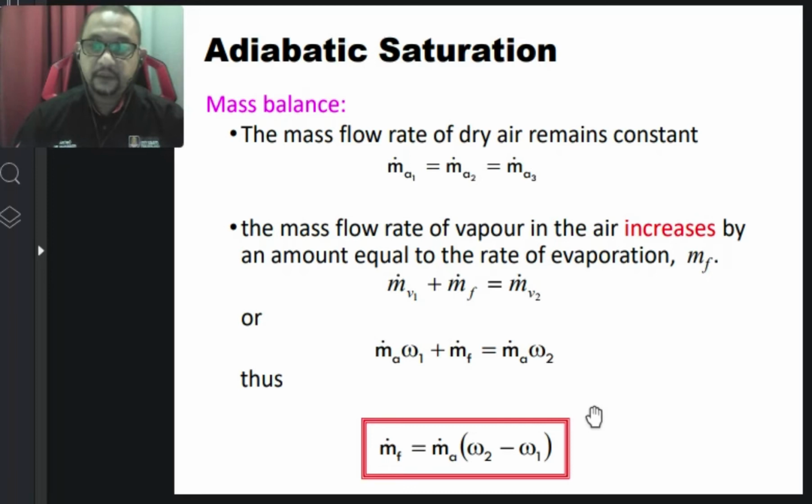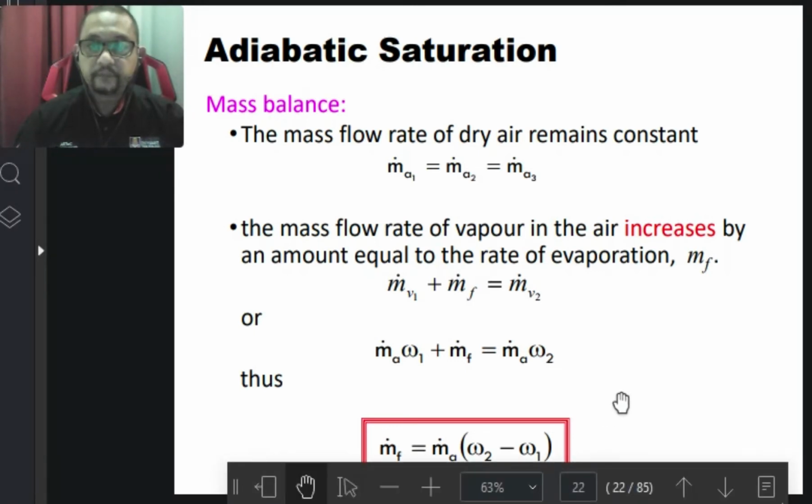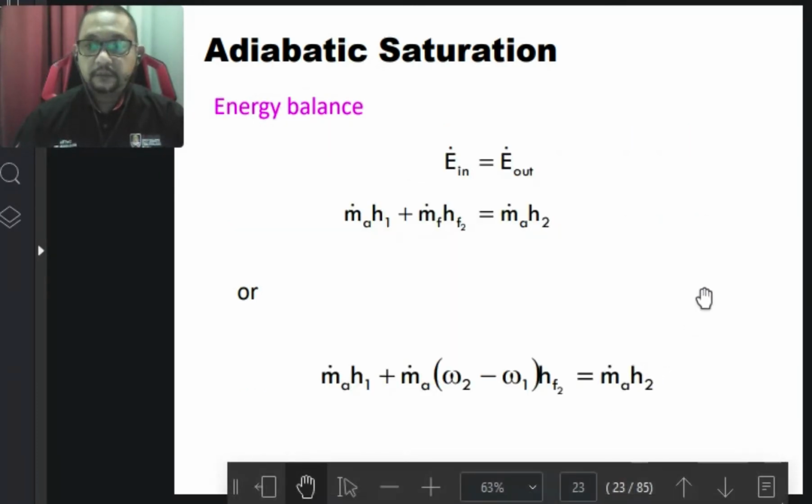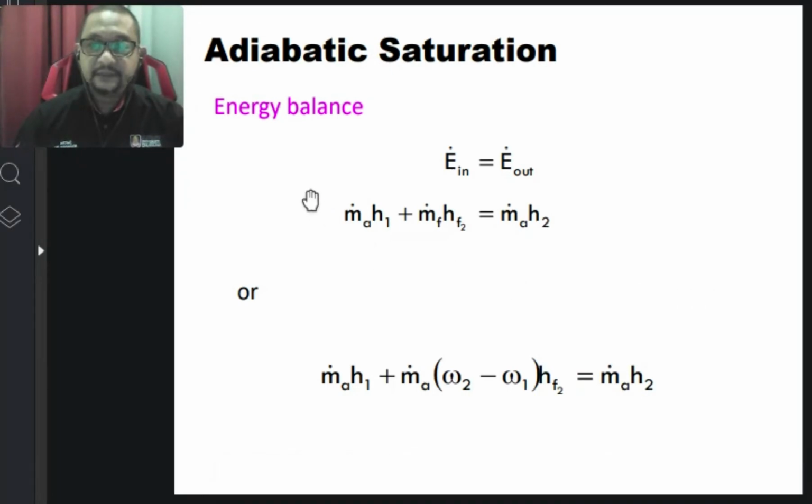Okay, for the adiabatic saturation temperature, let's look at the energy balance. This is a steady flow process, so the energy in is equal to the energy out. Remember this from your course in Thermodynamics 1.